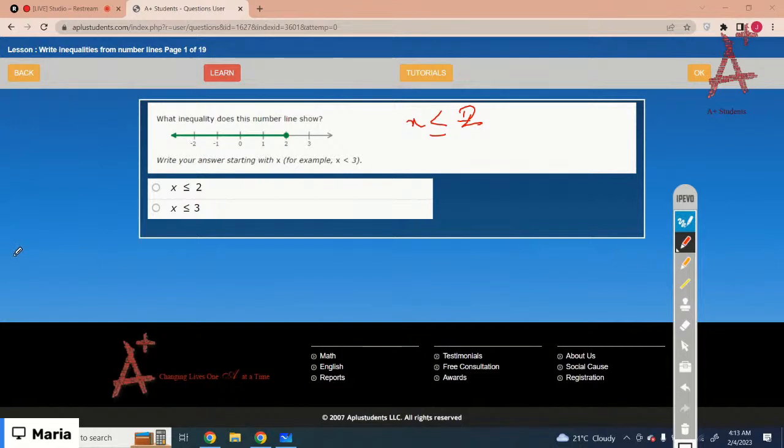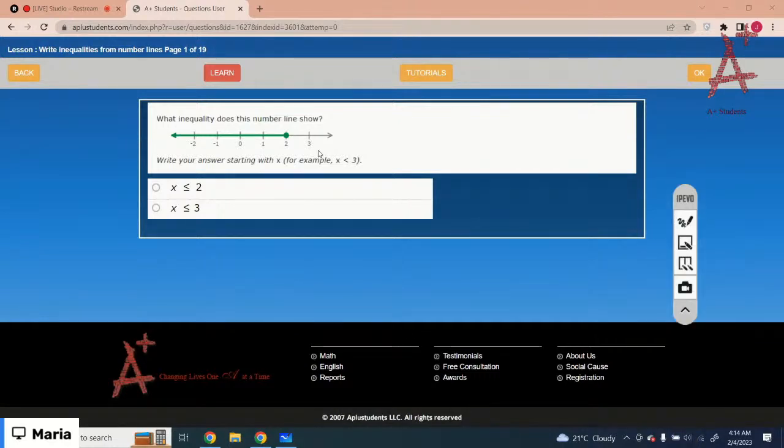That is x is less than or equal to 2. Got it? So just select the correct option and click on the OK button.